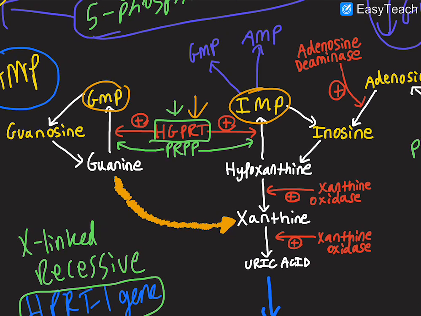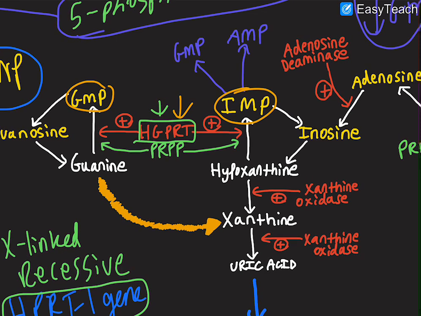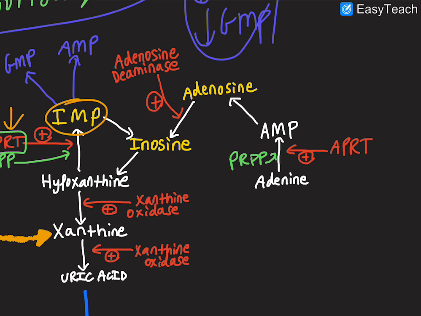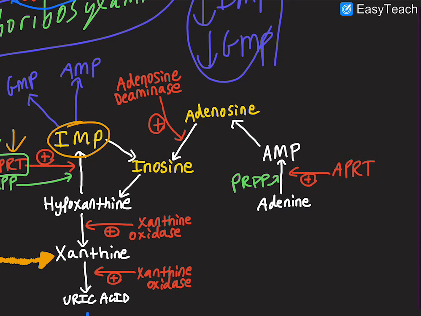And also, due to the increased activity of PRPP aminotransferase, we make more IMP, which can get converted into inosine and hypoxanthine, ultimately uric acid. And remember, IMP can get converted to AMP. And look what AMP gets converted to ultimately: adenosine to inosine to hypoxanthine, ultimately to uric acid.